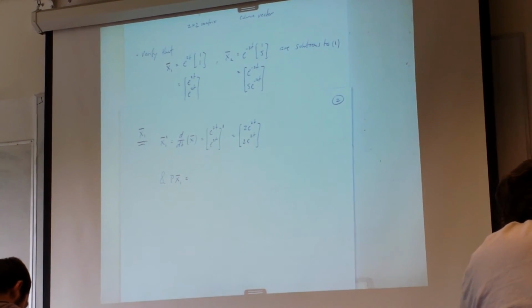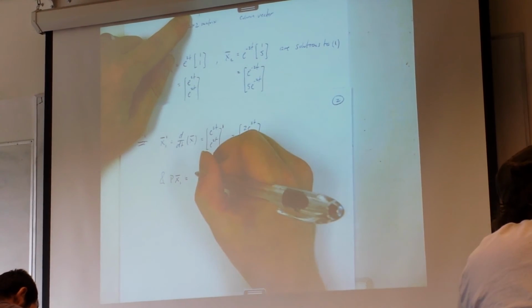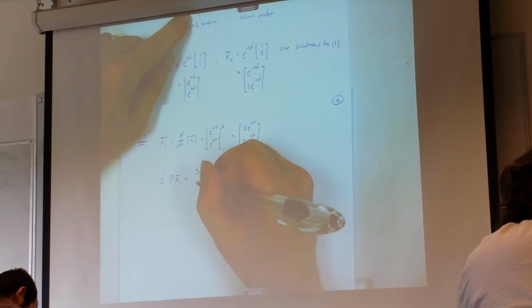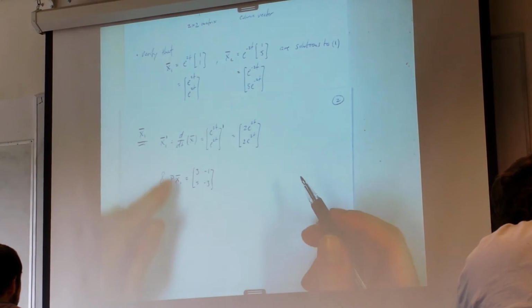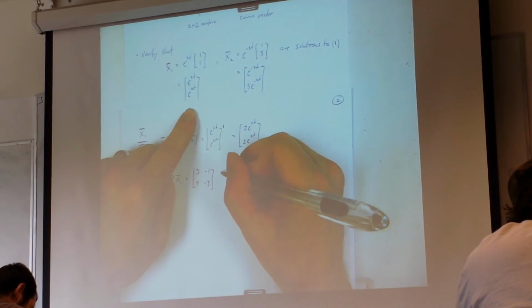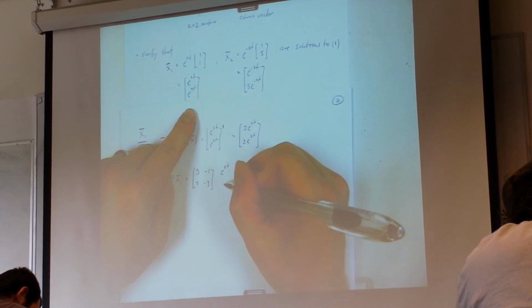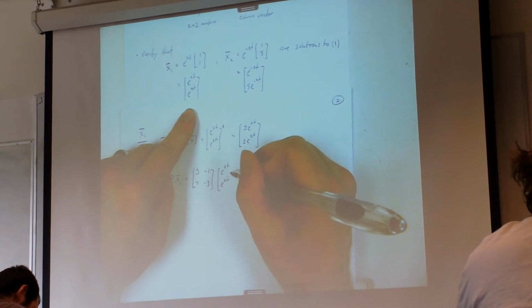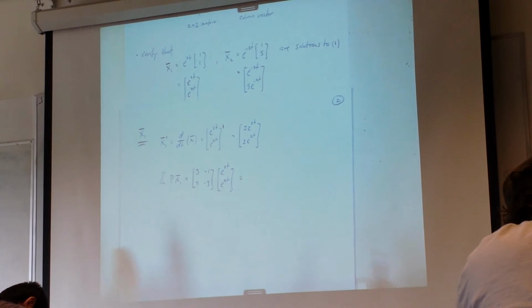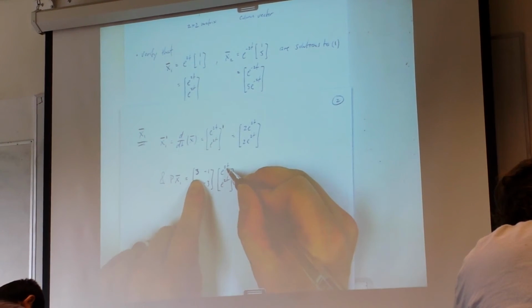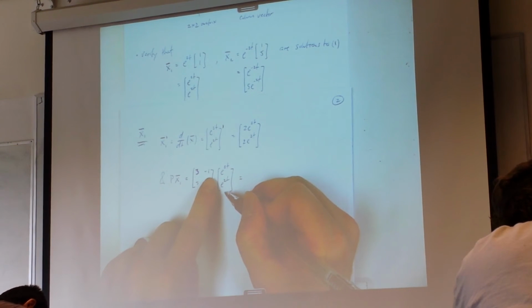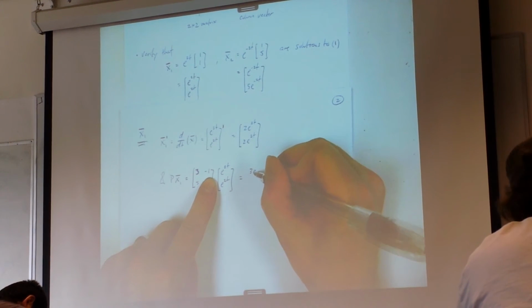So Px, again, that matrix P was 3, negative 1, 5, negative 3, times x1, which we're saying is a solution, (e to the 2t, e to the 2t). What does this equal? The first component would be 3e to the 2t minus 1e to the 2t, right?